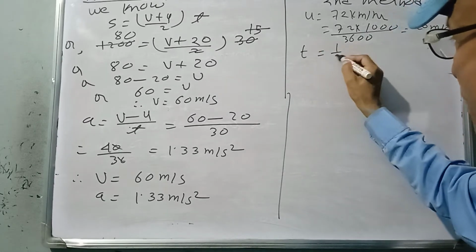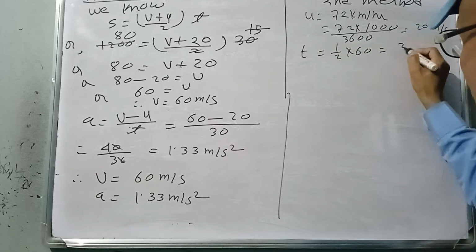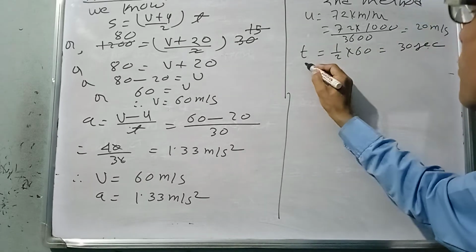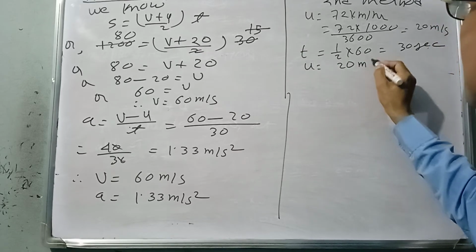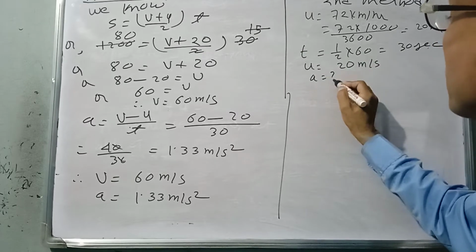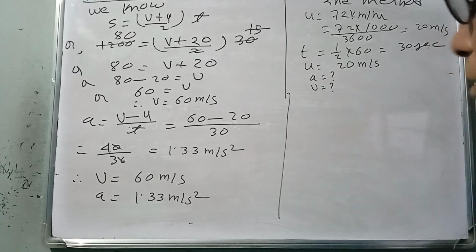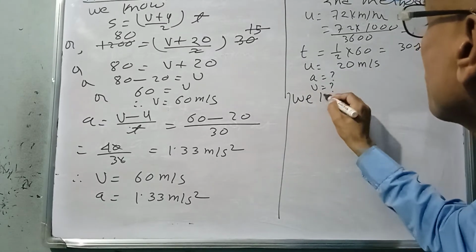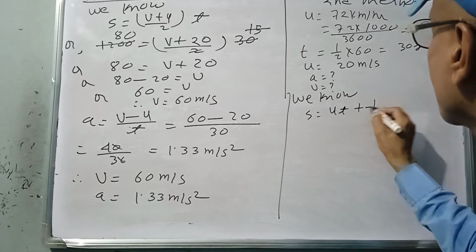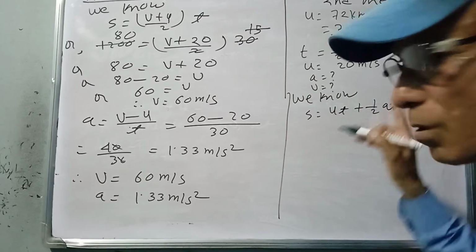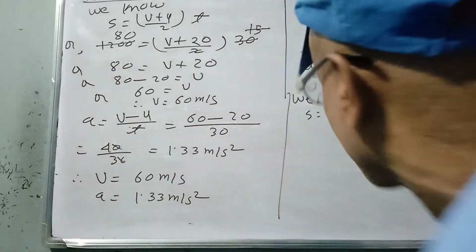Time taken is half minute, 30 second. Initial velocity u given 20 meter per second. Acceleration what? Final velocity what? We know s equal ut plus half at square. Apply this formula because time taken is given.